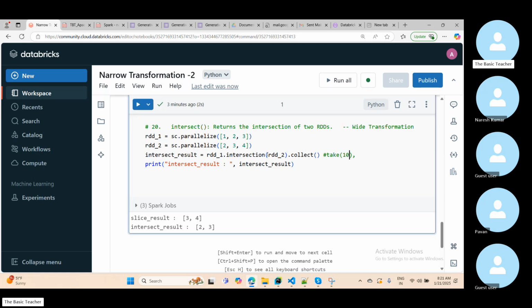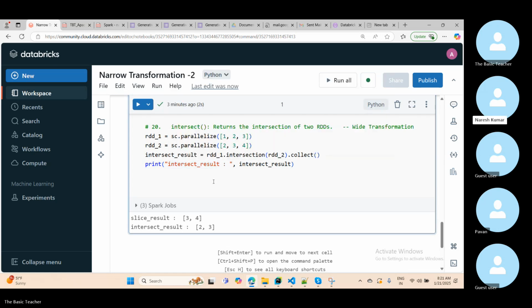You can do it like that. But in real time, why is collect required? Just to see the output, not required, right? This is just for sampling, we are just printing and checking how it is behaving. But in real time, this is not expected. So in real time, just get the output.